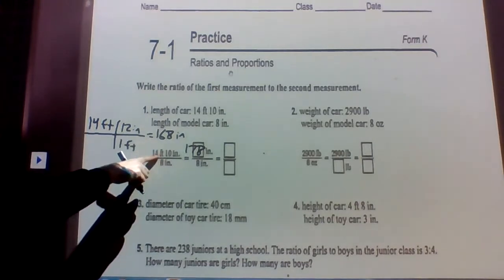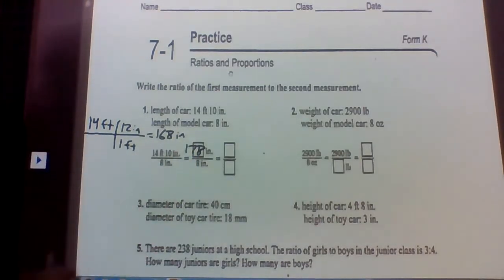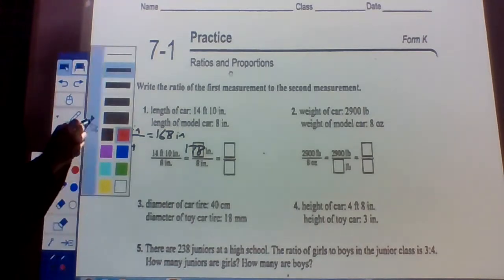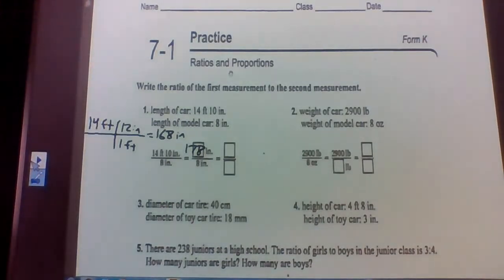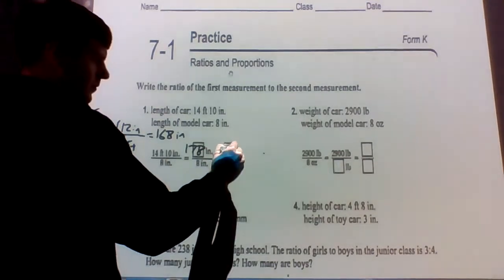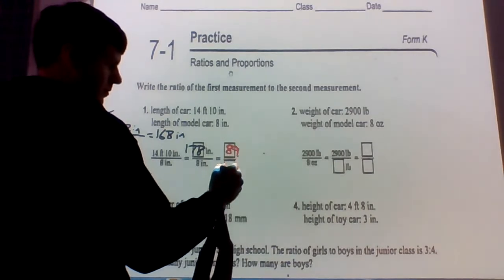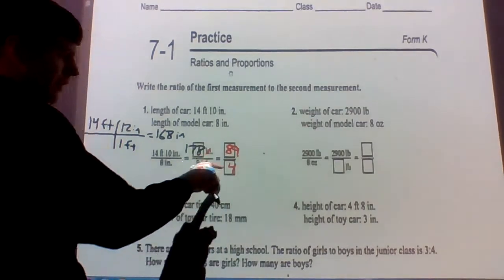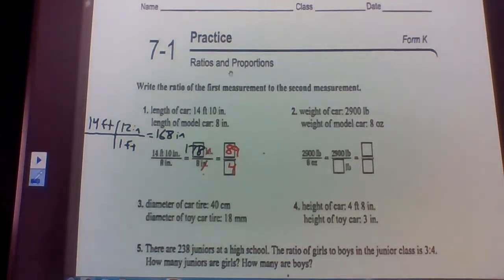And then we have 168 inches plus 10 inches, which gives us 178 inches. Then we can simply reduce that. If we divide by 2, we have 89 over 4. Your inches would cancel out, and you'd just be left with a ratio of 89 to 4.